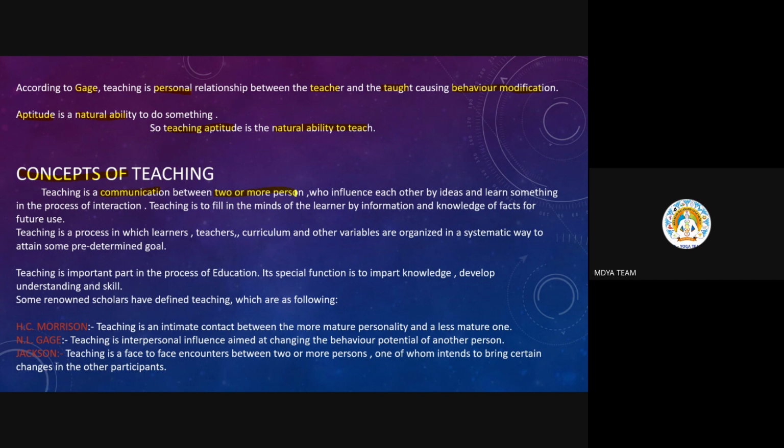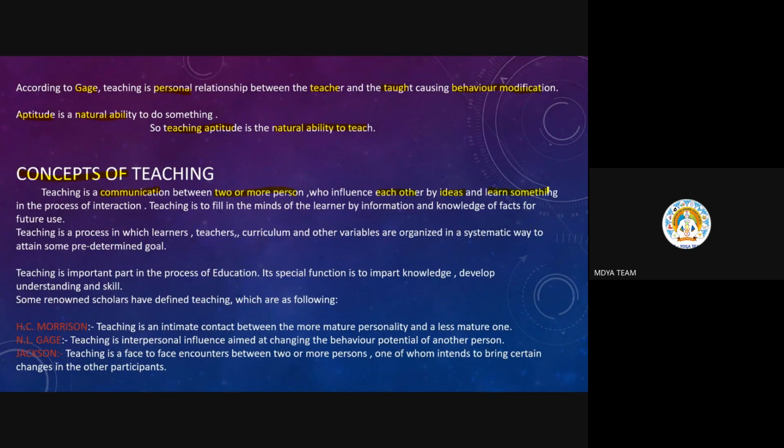In teaching, the minimum number of persons is two, and there is no limit on the maximum. Teaching is a communication between two or more persons who influence each other. Each other means the teacher can influence the learner, and the learner also can influence the teacher. They influence each other by ideas and learn something.